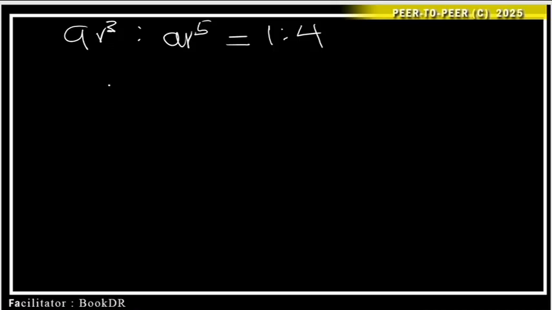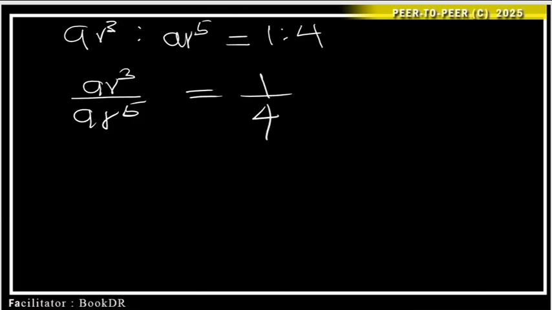Ratios can be expressed as division. So this will be ar cubed over ar raised to the power 5 equal 1/4. The a's can cancel out, simplifying r cubed over r raised to the power 5 to yield 1 on r squared equal to 1/4.